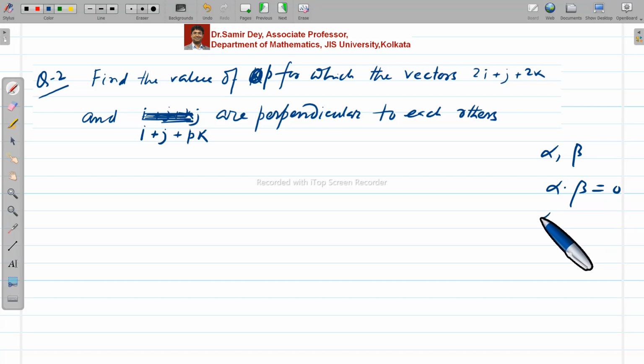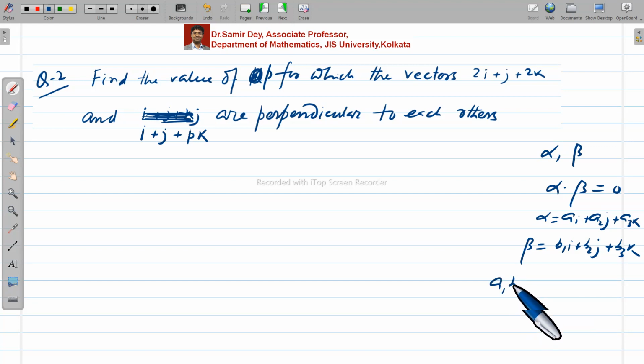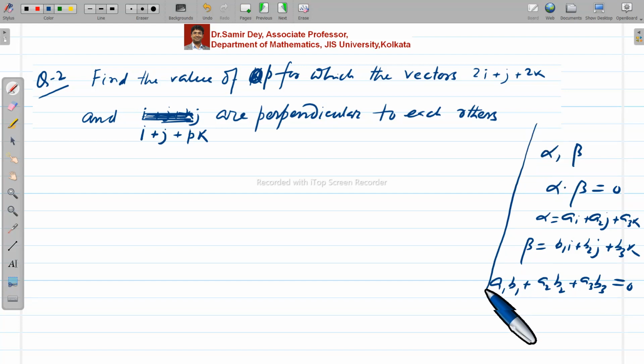So if alpha is equal to a1 i plus a2 j plus a3 k, and beta is equal to b1 i plus b2 j plus b3 k, and both are perpendicular to each other, then a1 b1 plus a2 b2 plus a3 b3 is equal to 0.